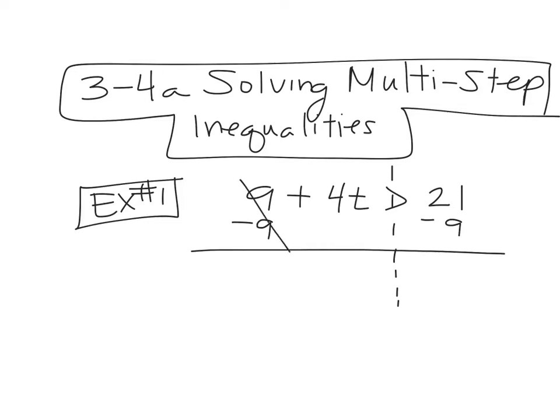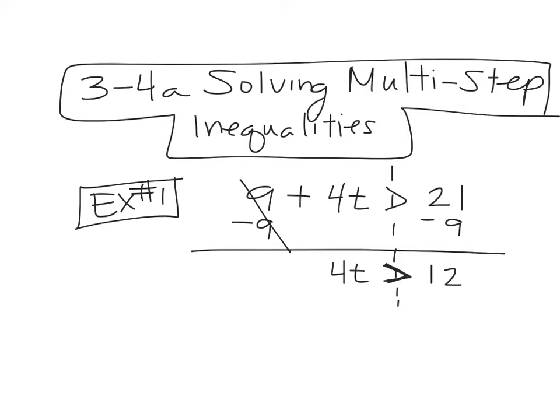This is gone. You're left with 4t. Is my symbol going to flip? No, because we subtracted, right? We didn't multiply or divide by a negative. So your symbol's going to stay the same. 21 minus 9 is 12. Okay, so 4t is greater than 12.